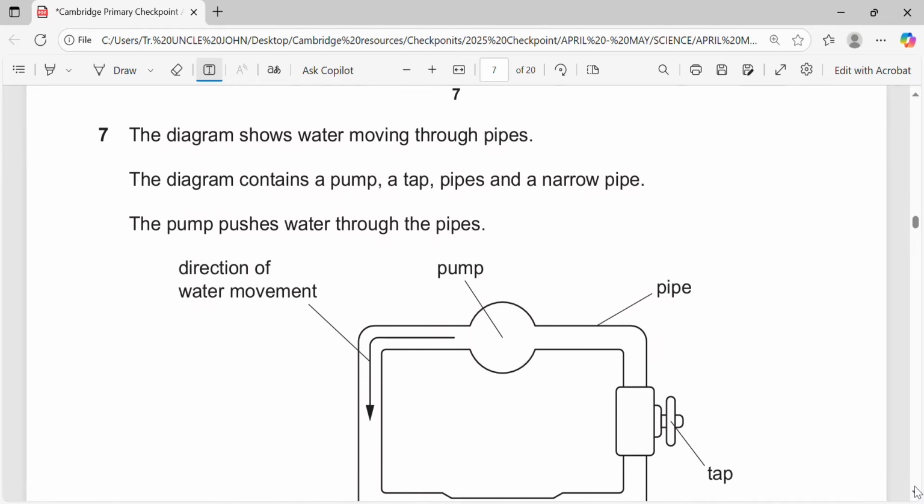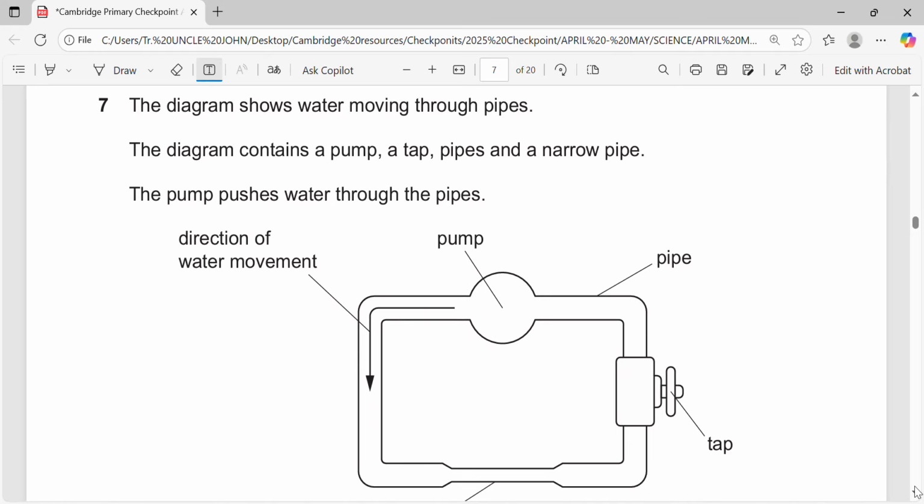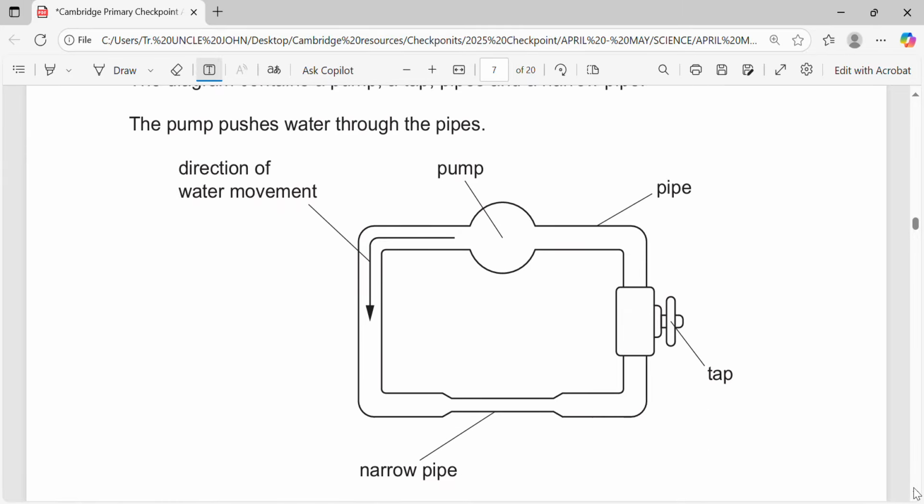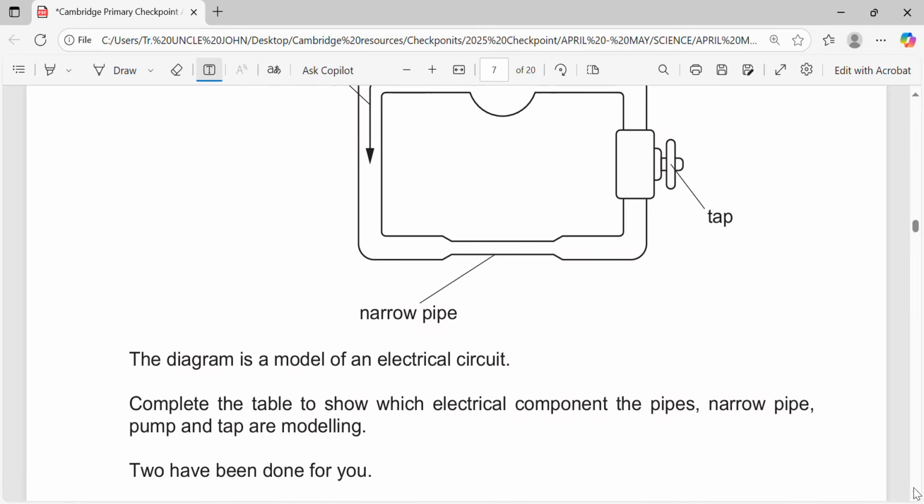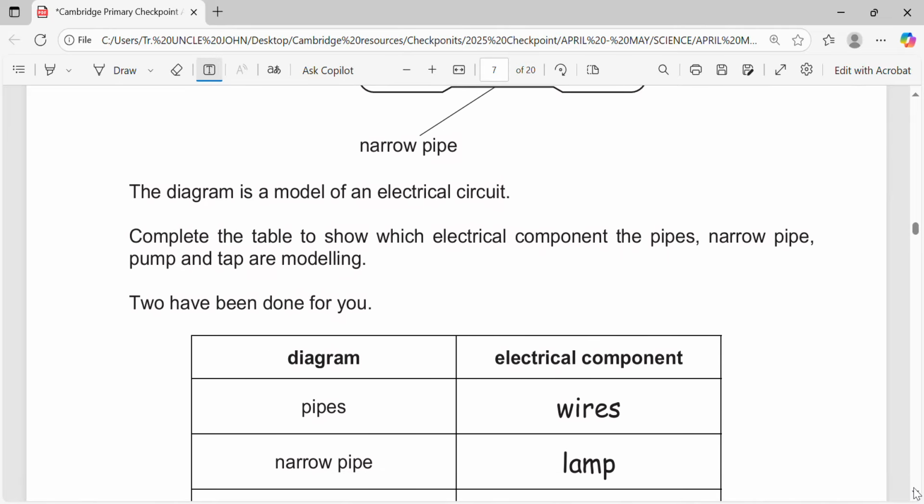Number 7. The diagram shows water moving through pipes. The diagram contains a pump, a tap, pipes, and a narrow pipe. The pump pushes water through the pipes. Direction of water movement: pump, pipe, tap, narrow pipe. The diagram is a model of an electric circuit.